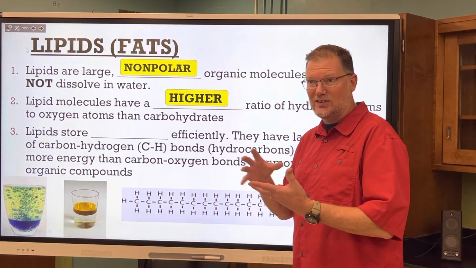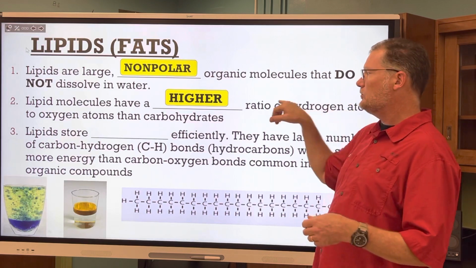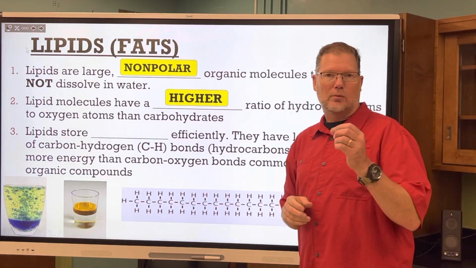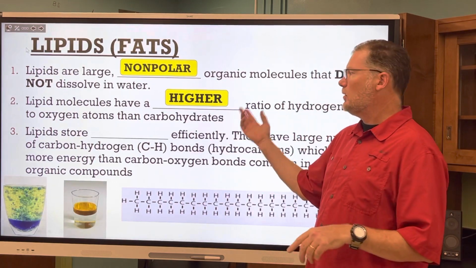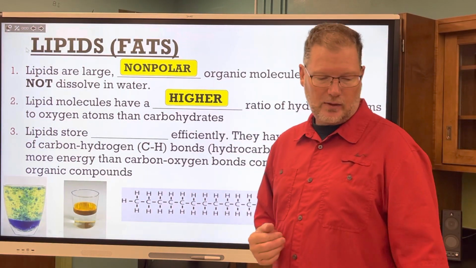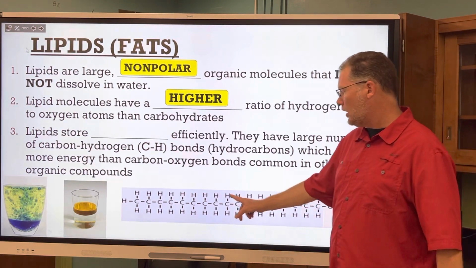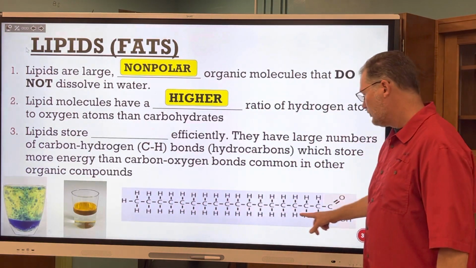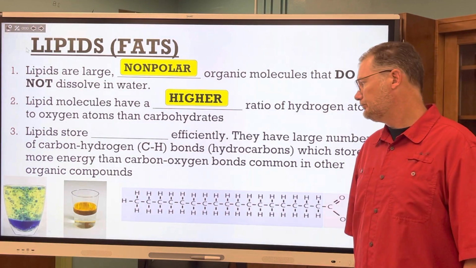They stay separated. Lipid molecules have a higher ratio of hydrogen atoms to oxygen atoms than carbohydrates. Remember, carbohydrates was 2 to 1, so there's going to be a much larger ratio here. See, there's a lot more hydrogens than oxygens. A lot more.